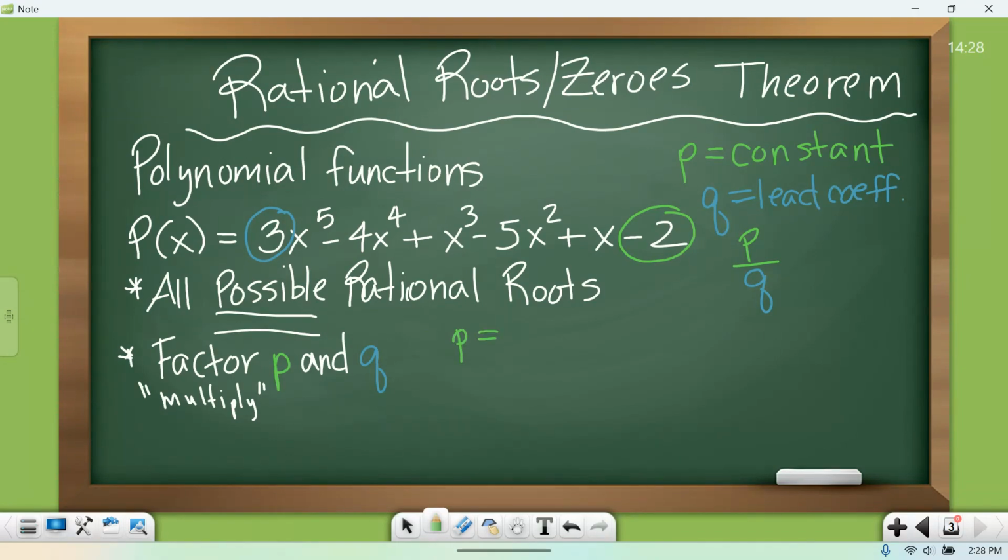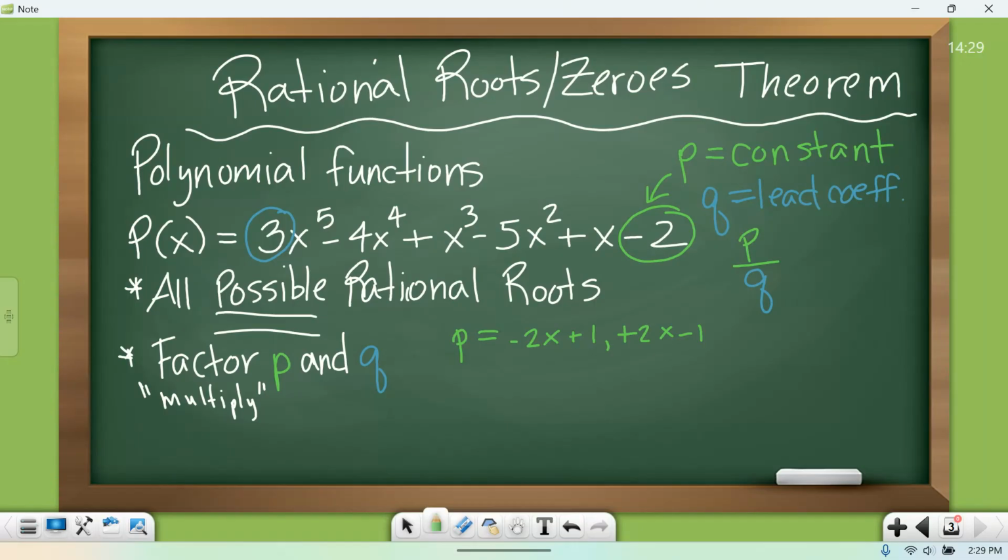What are some factors of -2? Well, I can either do -2 times +1, right? Or what else could I do? +2 times -1. Are there any other possible factors? There aren't. The only factors of 2 are 1 and 2, and since it's -2, that means every pair has to have a positive and a negative.